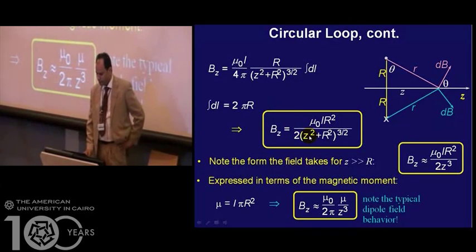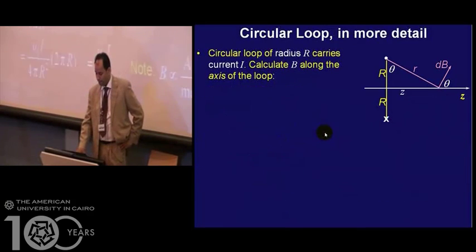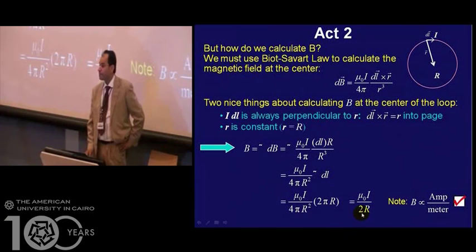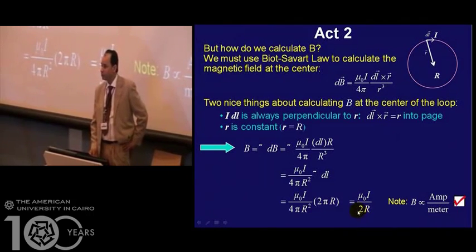Then you get mu 0 I times R squared divided by 2 R to the power 3. And this will give you mu 0 I over 2R. That was the previous example that I have given to you. Remember this. That's mu 0 I over 2R. That's where Bishoy said it's not going to be 0.